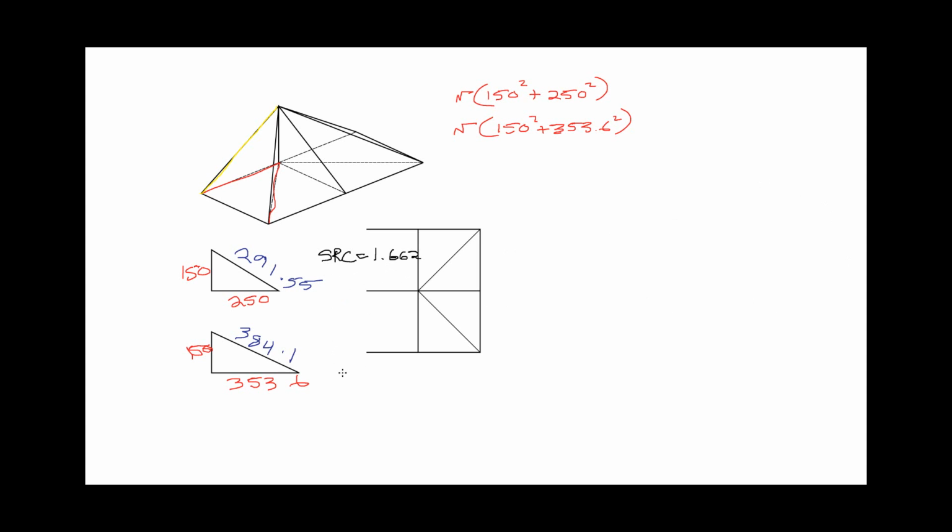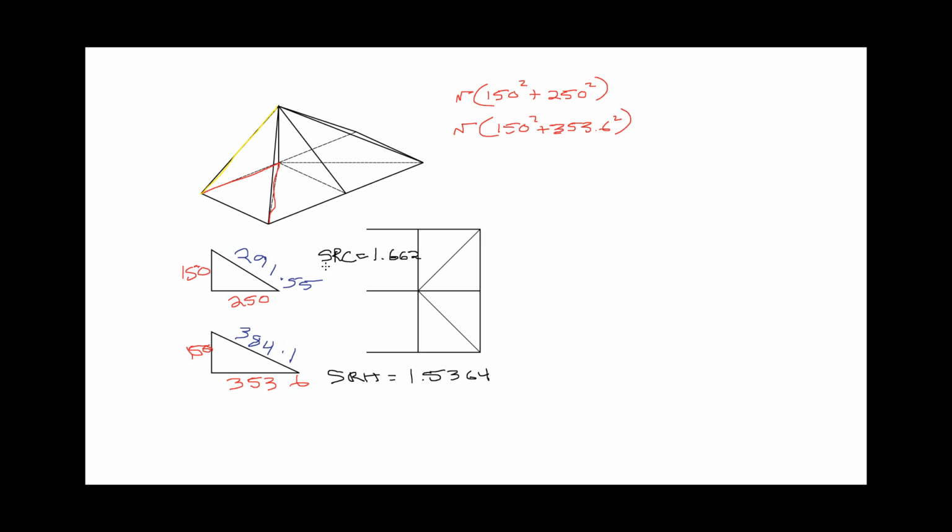So we have a slope ratio hip of 1.5364. Now we have two slope ratios. They're both based off a comparison to our common unit of run.